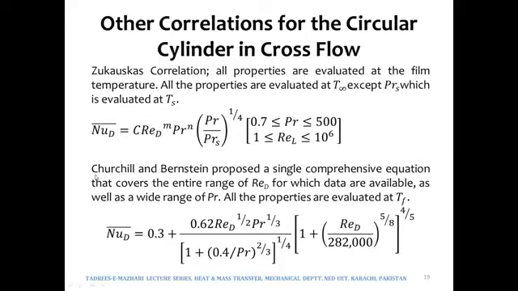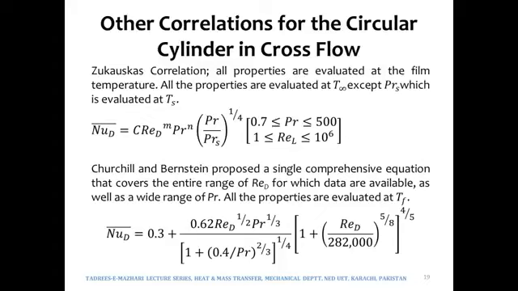Now another expression for Nusselt number is given over here. Of course, it's even lengthier than this one, but you will find that all the expressions that we are looking at have Reynolds number and Prandtl number in them.